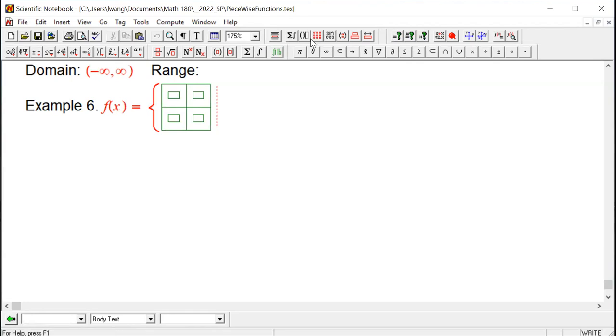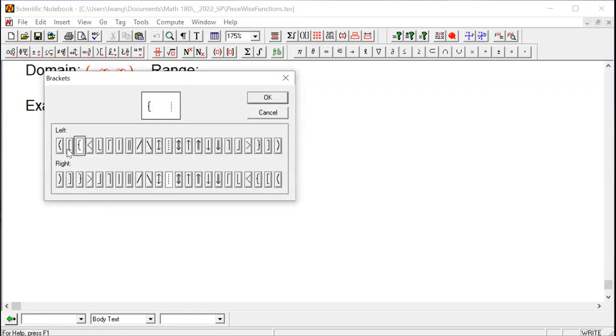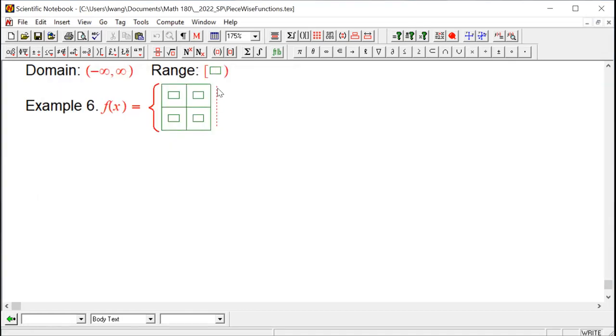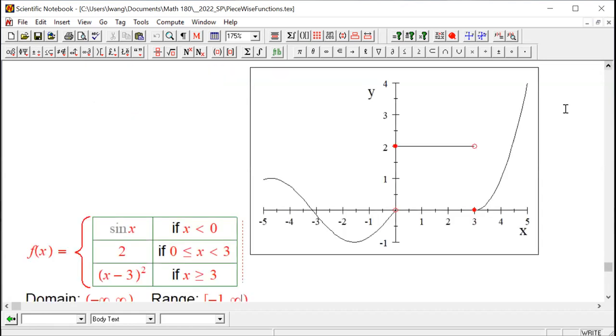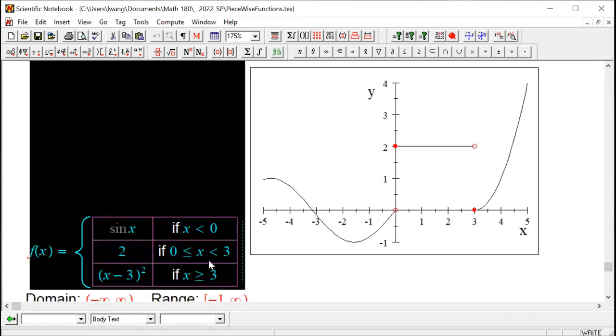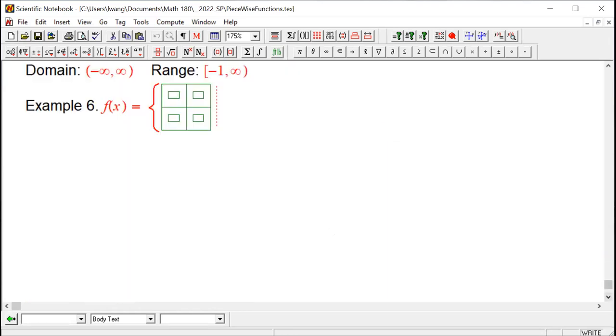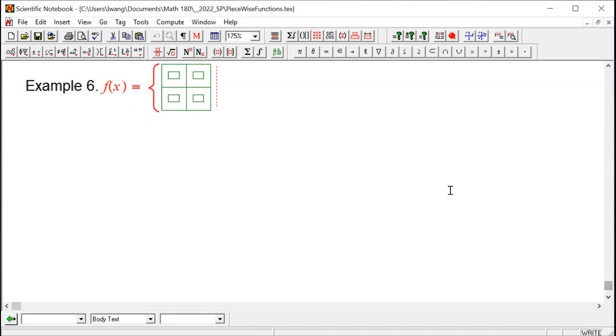Domain and range is not super important. So the range is from -1 to positive infinity for this function. All right, so for the next example, we're going to do 2 pieces.